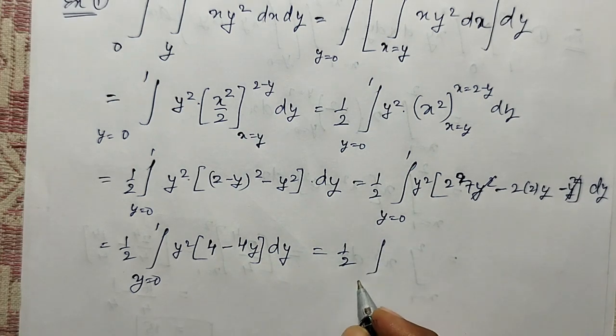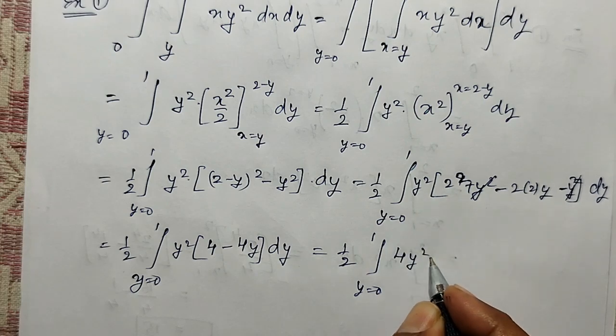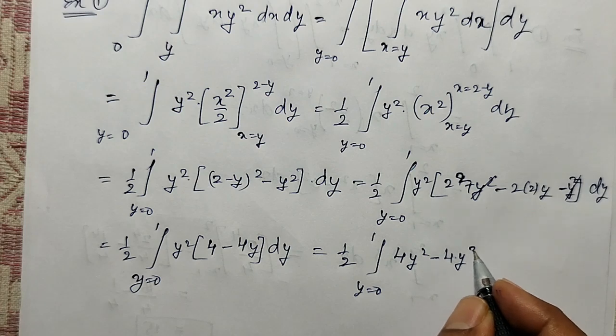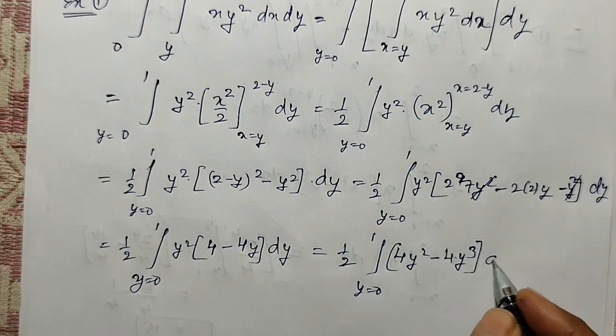1 by 2 integration from y equal to 0 to 1 of 4 times y square minus 4 times y cube. Even 4 also you could have taken common, then integrate, into dy.